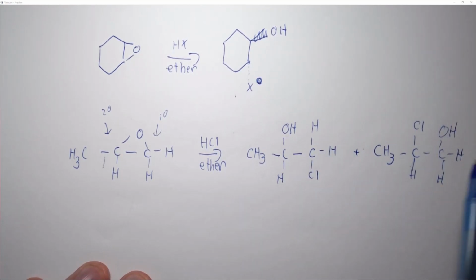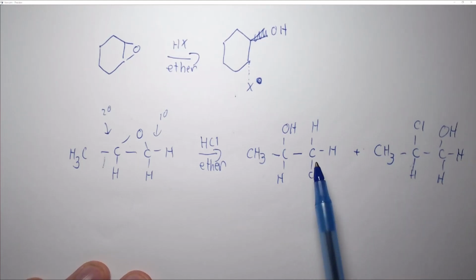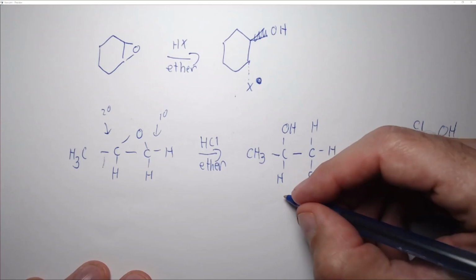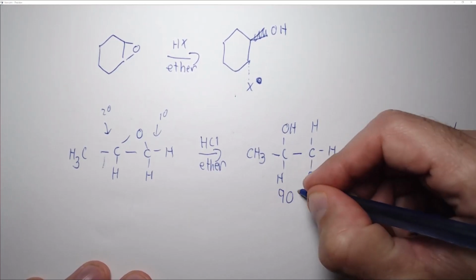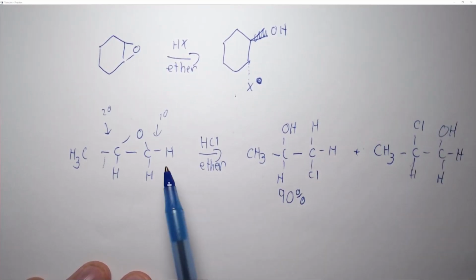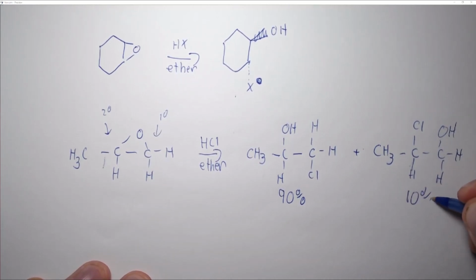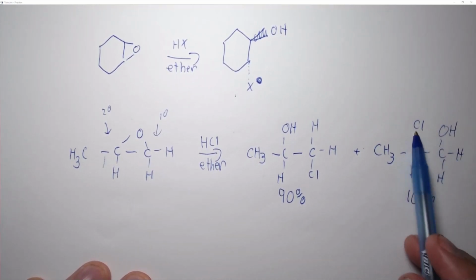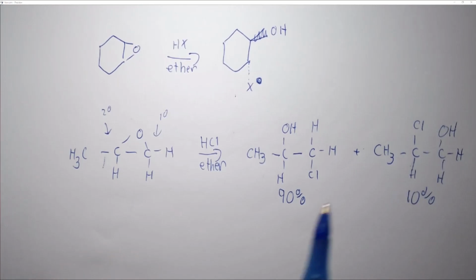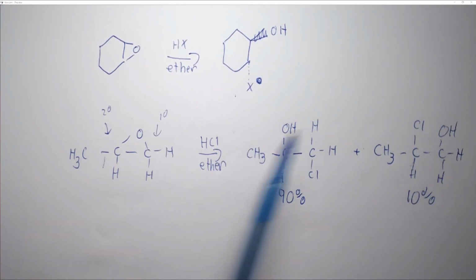So what we want to think about is, what is the relationship between these two things? Well, it turns out that in this case, you have 90% of the Cl ending up on the primary carbon and only 10% where the Cl is ending up on the secondary carbon. Well, what is a possible explanation for this?